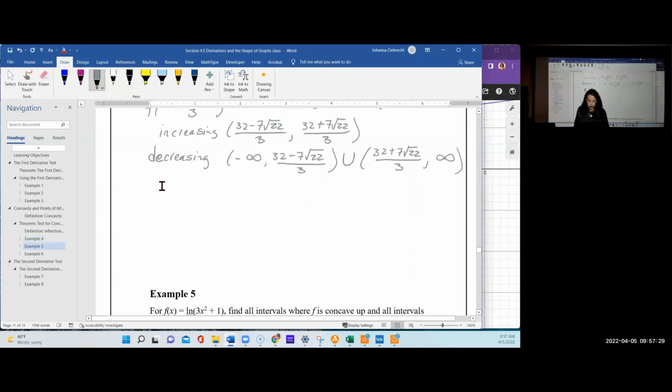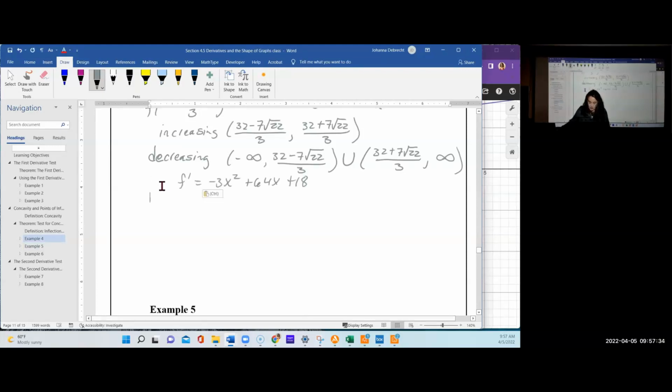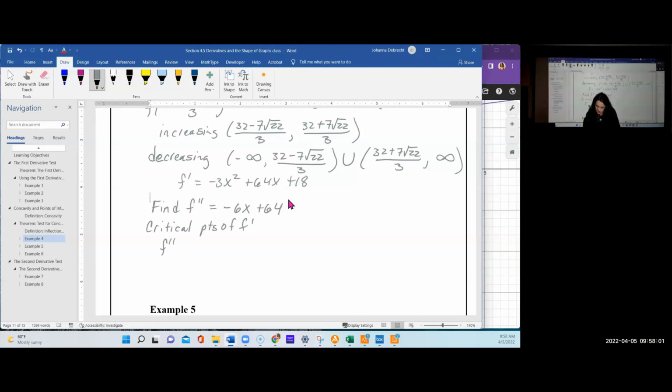So we're going to repeat the process that we've already done on the first part. We're going to repeat it on the first derivative. So here's the first derivative. Now we need to find the second derivative. F double prime, which is going to be -6x plus 64. Now we find the critical values of the first derivative, which would be where the second derivative equals 0.